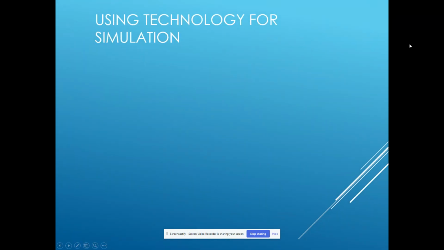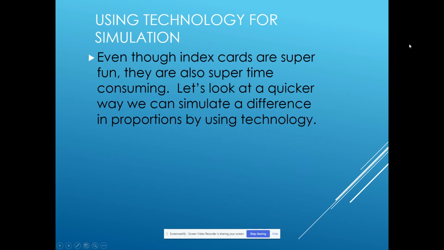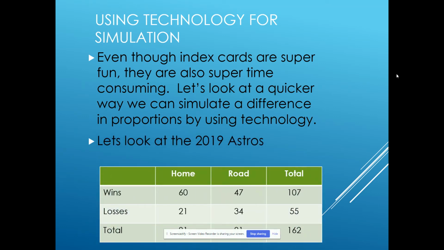So, as I promised earlier, I will show you how to use technology for this simulation. Index cards might be fun to do one time, but it's rather time consuming to run 100 simulations, and in this case we're only talking about 16 games. If we talk about a major league season, now we're looking at 162 note cards shuffled each time. It's just too much. So in fact, let's use the 2019 Astros.